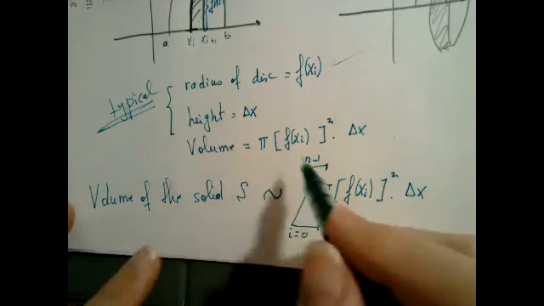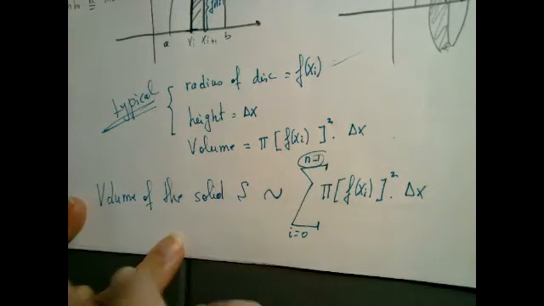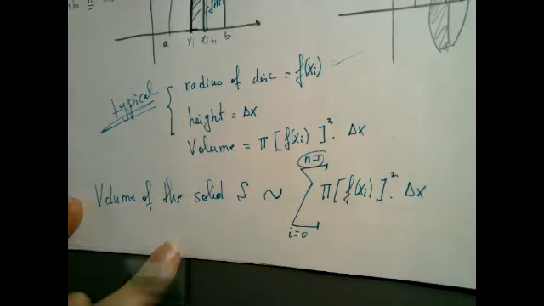Now, the larger the n, the better we're going to fill up the inside of the solid with these disks. So the actual volume is going to be the following. The formula for this particular scenario is actually pretty simple.